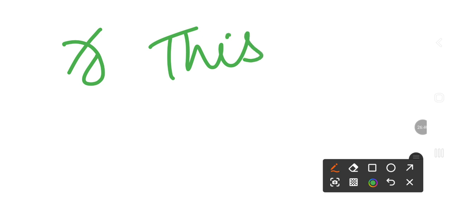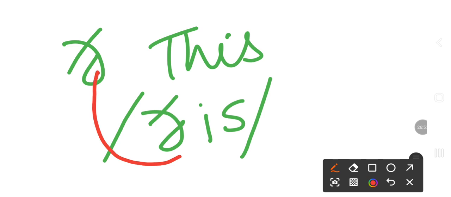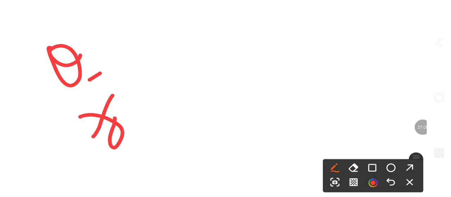And when you have to write this other sound, you have to use this symbol. This is the phonetic transcription of the. Here th is pronounced as in the. So this is the difference between the two.